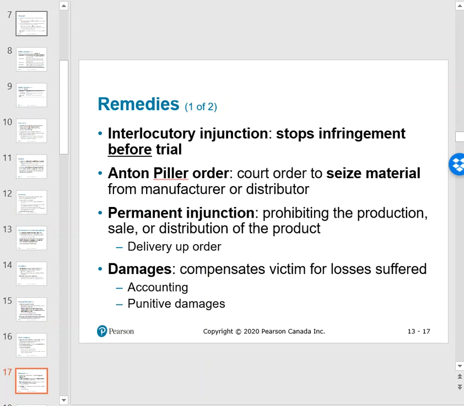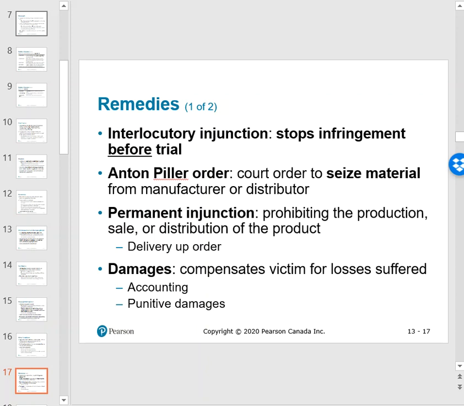Injunction is a stop order. So stop doing what you're doing. Stop violating my right. So as an owner, you would go to court and seek an injunction. And here, you could also seek an interlocutory injunction. And interlocutory here means interim. It is an order that comes before the trial.